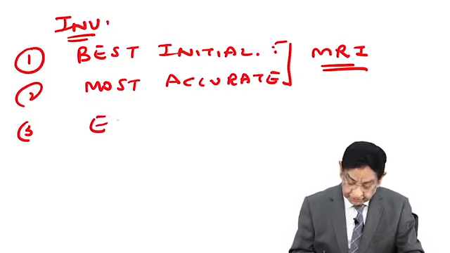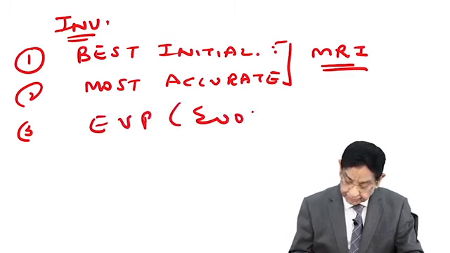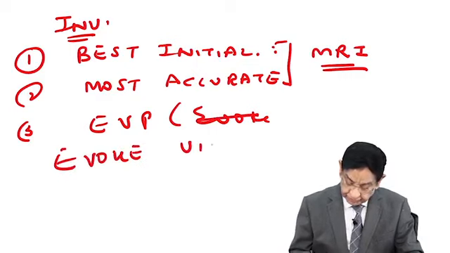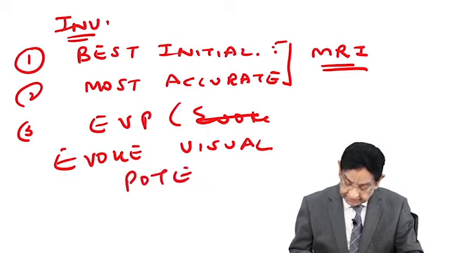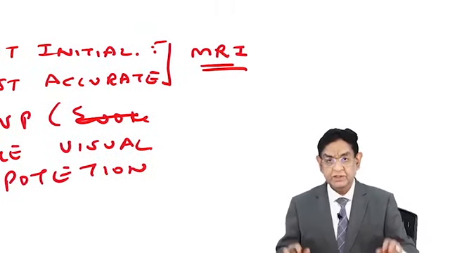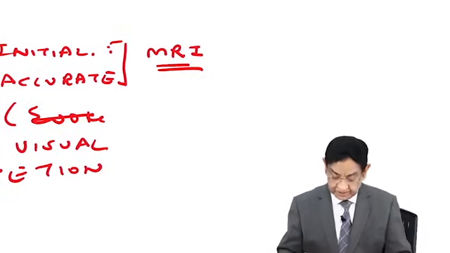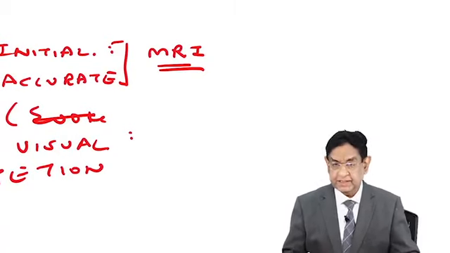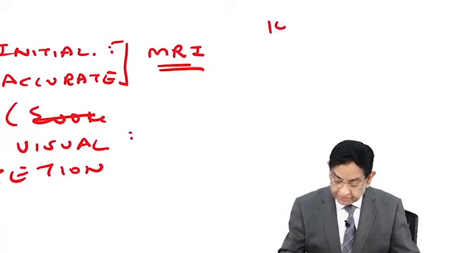Of course, other supportive investigations are visual evoked potential. Here we measure the conduction velocity of the two optic nerves. As we discussed in the previous question also, in the myelinated fiber, suppose the impulse reaches in 100 milliseconds.